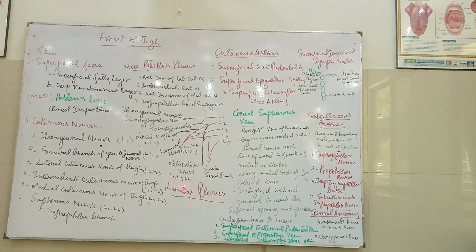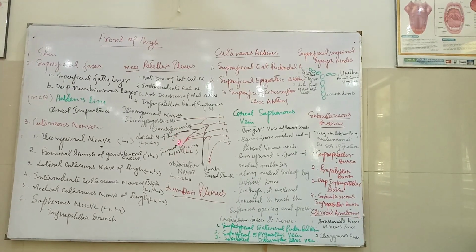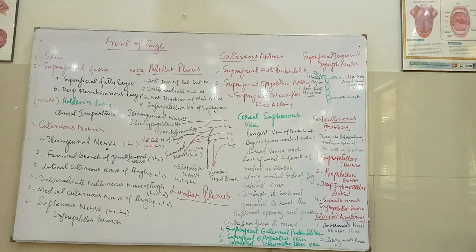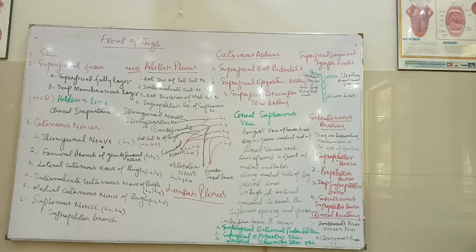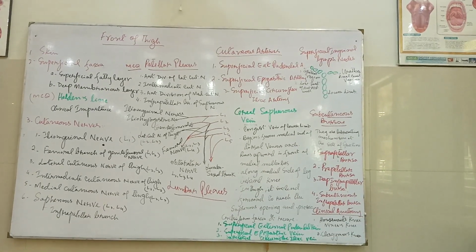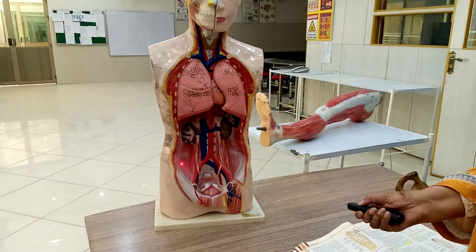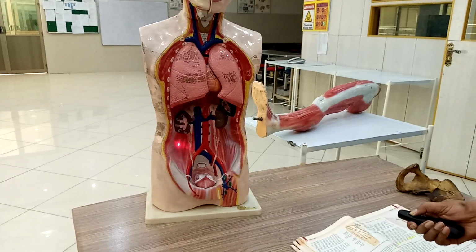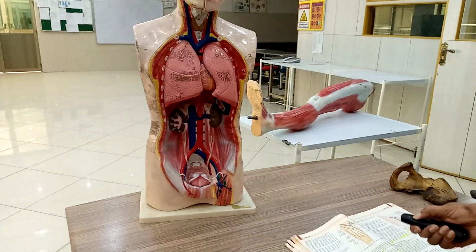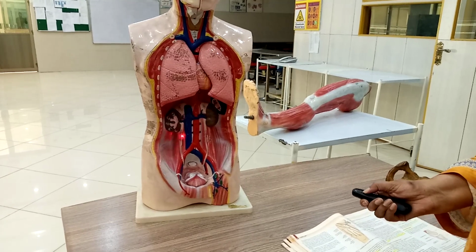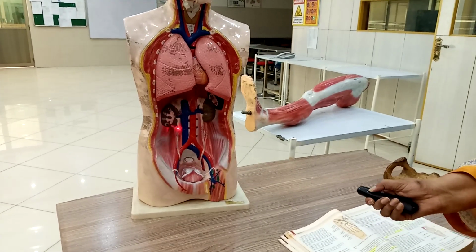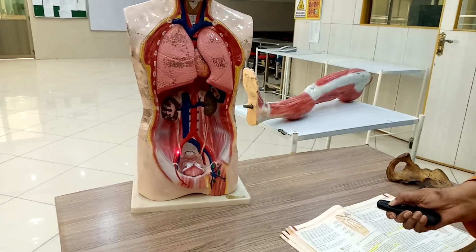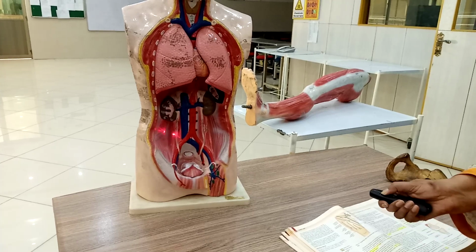The lumbar plexus is formed within the substance of this muscle, the psoas major muscle, which arises from the transverse processes of the lumbar vertebrae and is inserted into the lesser trochanter of the femur.